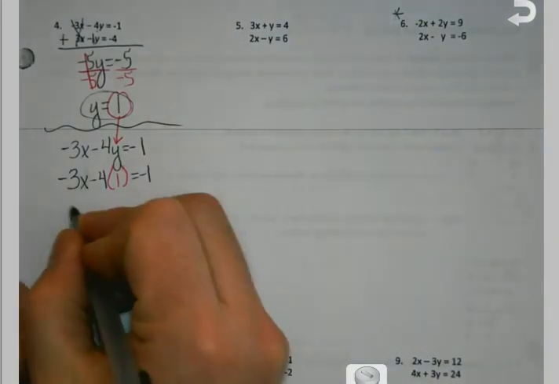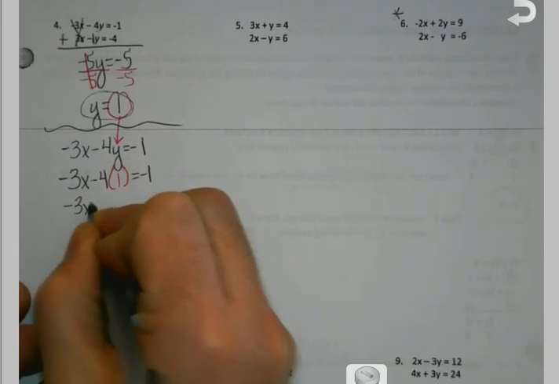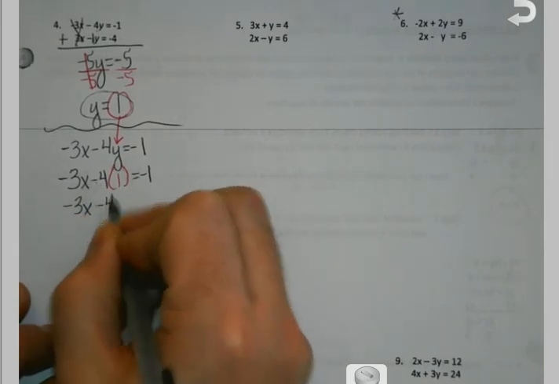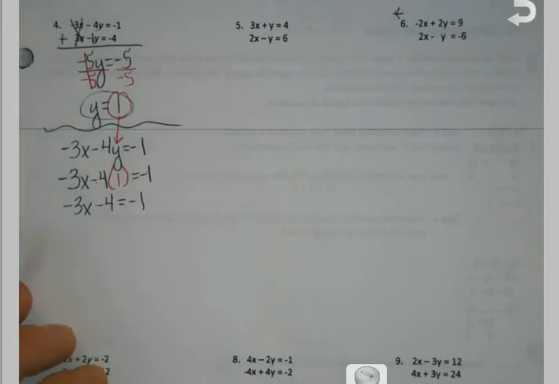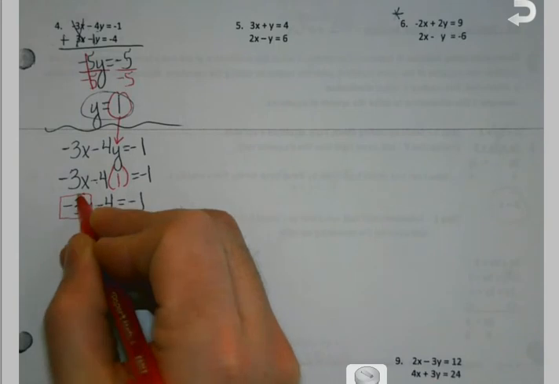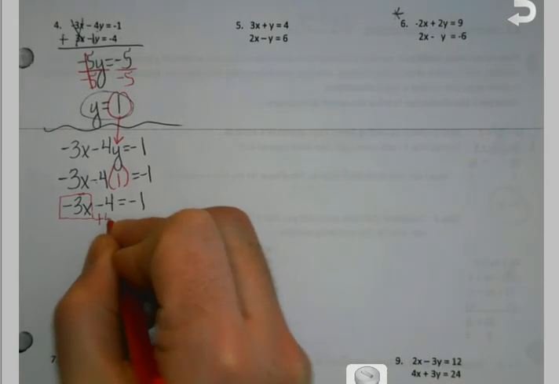And now I can start simplifying this stuff. Negative 4, positive 1 gets me negative 4. And now I'm just going into two-step equation mode. I want that negative 3x by itself, but this minus 4 is hanging out, so I've got to do the opposite.